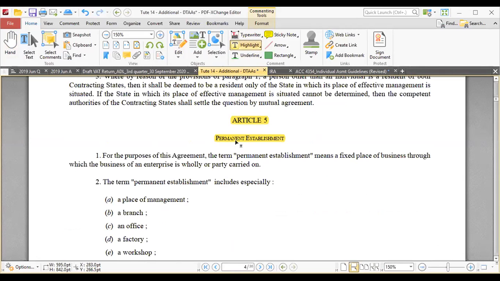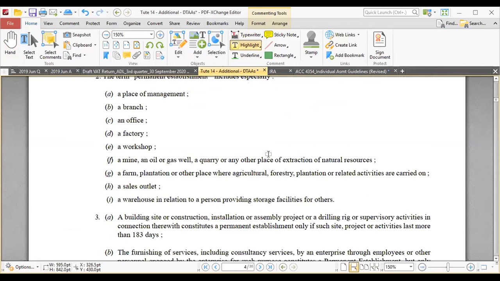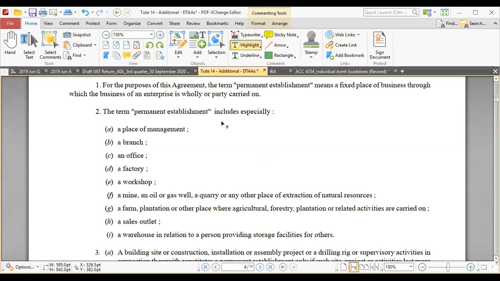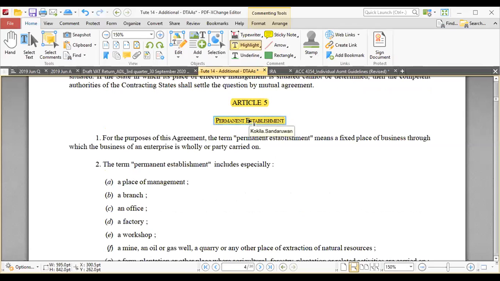The first one is permanent establishment, Article 5. What you need to do with this Article 5 is analyze it together with, let's say, China. Let me open the China DTA as well for you.